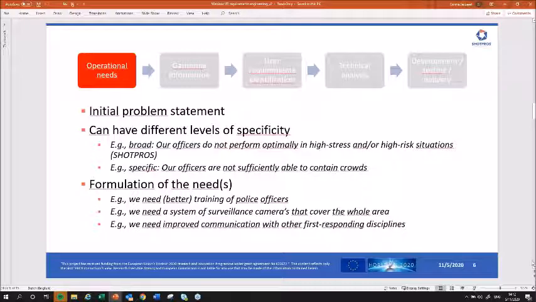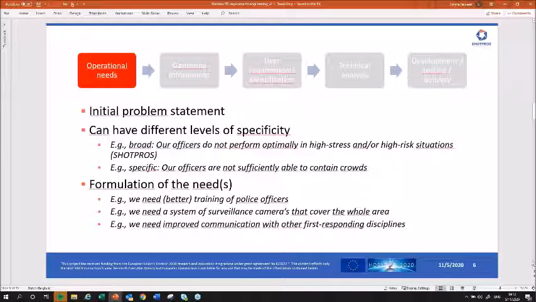From this problem statement, we can already formulate some initial needs. Because if I say, okay, the officers don't perform optimally in high stress situations, I could say, okay, there's a need for better training methods or to improve our current training program.